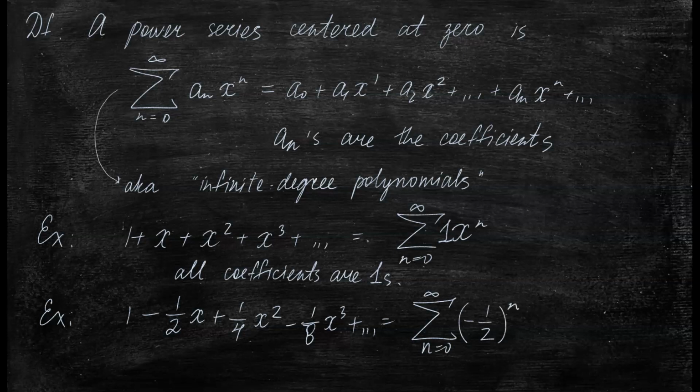Looks like this is the formula, and the coefficients of this power series are powers of -1/2. So we may create different power series by changing those coefficients to be literally anything.